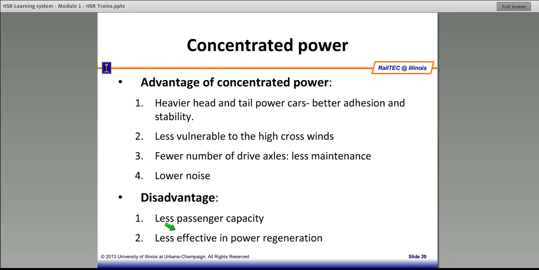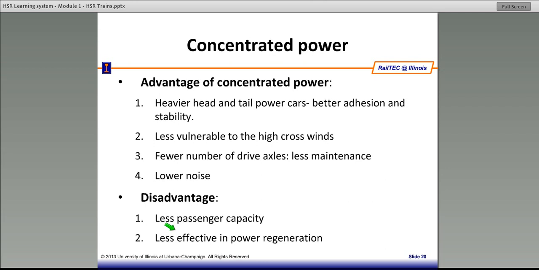Now let's start with looking into the concentrated power or the push and pull, and the distributed power EMU type, and see what are the differences between these two types of train. Let me start this subject with a story. This story is in the year of 2000.